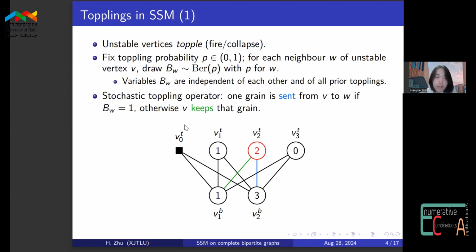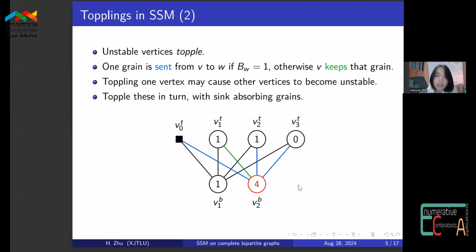Also, with probability 1 minus p, we keep the current grain and don't send it to the corresponding neighbor. So here, the vertex V1B should not receive a grain from the unstable vertex V2T because we have the green color. After that, we find the vertex V2B is unstable again. Here we have three blue edges.